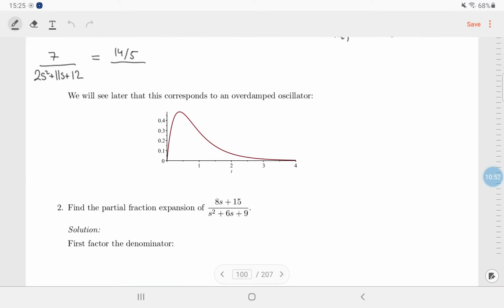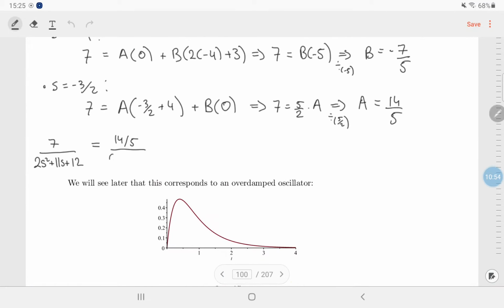A is over the 2s plus 3, plus B, which is minus 7/5 over s plus 4. Now what we'll be hoping to do eventually is to send the thing on the left back into the time domain. And the first thing you do is do this partial fraction expansion where you write it as two simple things, which is in there.